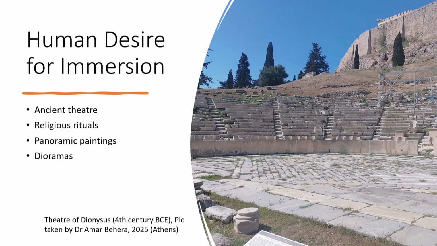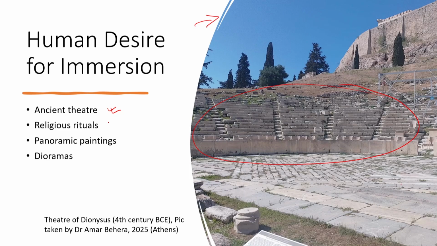This can be seen from ancient theatre, as in this picture that you can see here on the right, which is the theatre of Dionysius in Athens. This is from the 4th century BCE. This is a picture I took on my trip to Greece last year. So, you can see these ancient ruins of the theatre where people used to come and sit and watch live theatre. And when you are in such an environment, you may get completely immersed by the act that is taking place in front of you and lose the sense of presence in the exterior world.